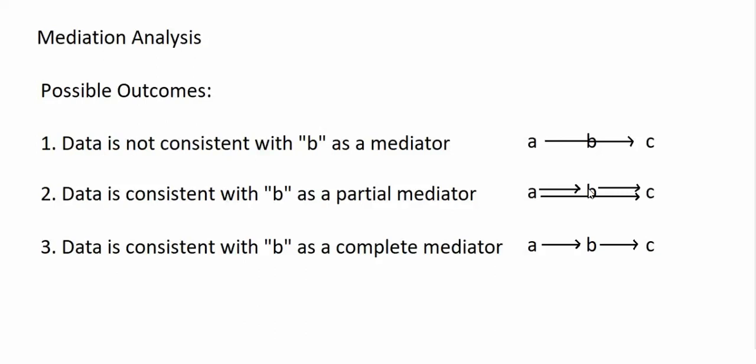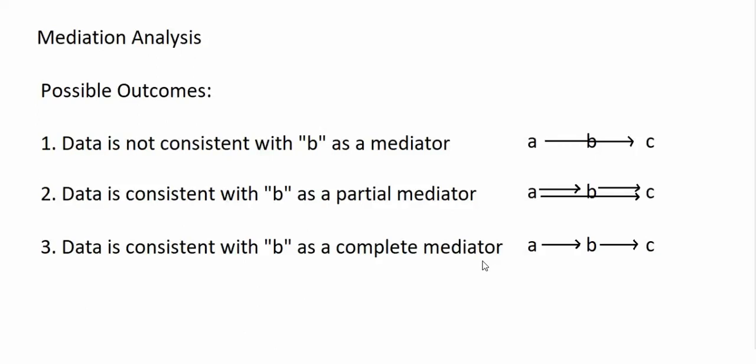So it's basically an intermediate step, but it's not a necessary step. And that's what partial mediation means. Now, if the data is consistent with the indirect path only, and the data is not consistent with the direct path, then you would say that the data is consistent with complete mediation.